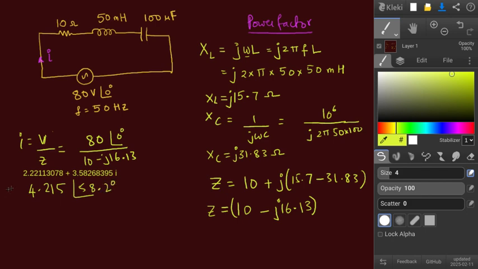So this is the current. In other words, the current here is 4.215. That is the magnitude of the current.